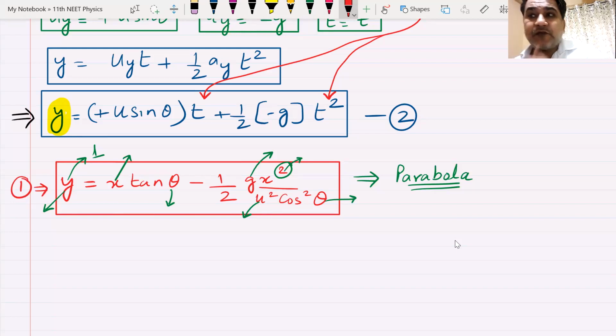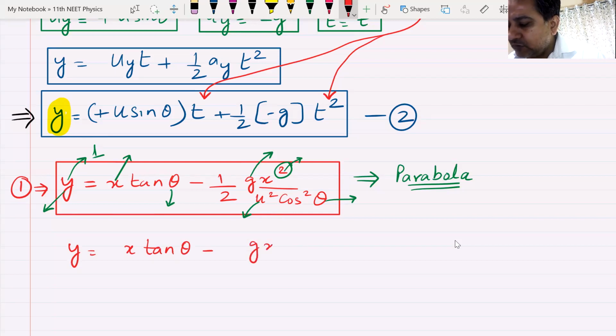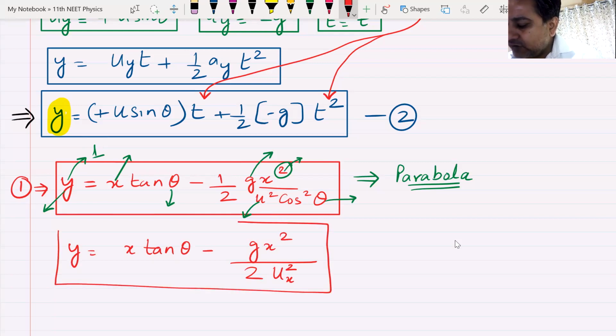Okay, this is one way of writing it. I could have written it a different way: y is equal to x tan theta minus g x squared by 2 u x squared. How have I written this?